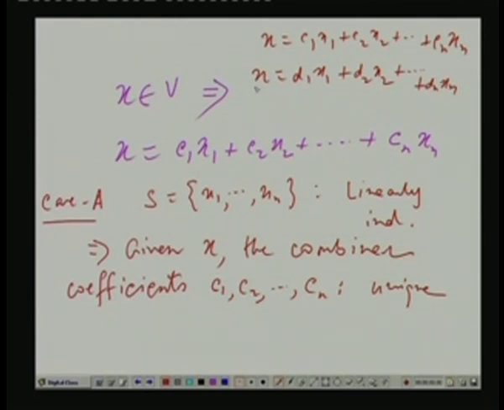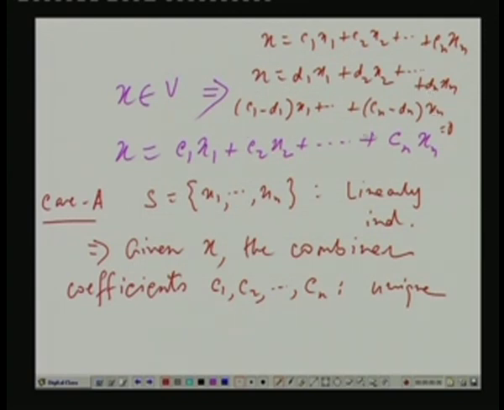How? Subtract left hand side from left hand side and right hand side from right hand side. What you get is (C1 minus d1) x1 plus dot dot dot plus (Cn minus dn) xn equal to 0. So you got another linear combination with new coefficients C1 minus D1, C2 minus D2 up to Cn minus Dn, and not all coefficients are 0, because at least in some coefficients the C's and D's will differ.